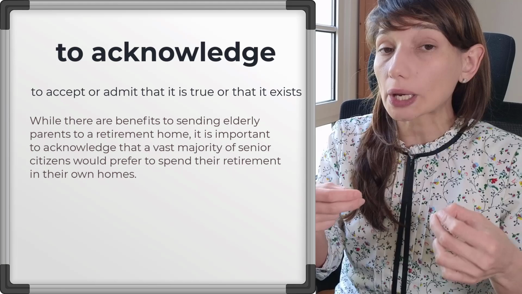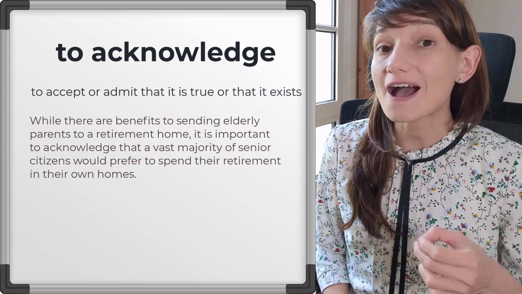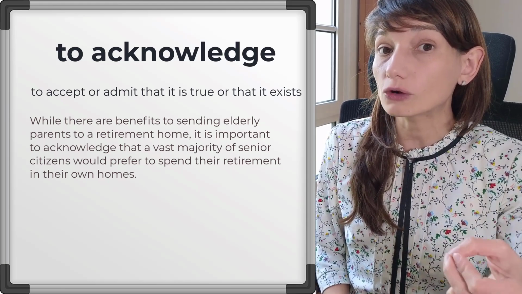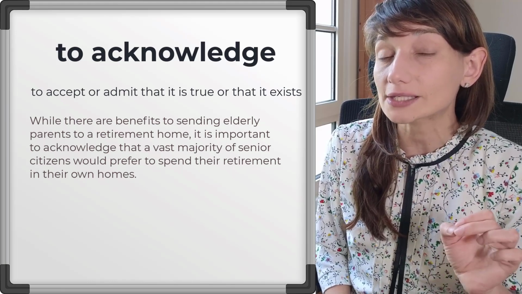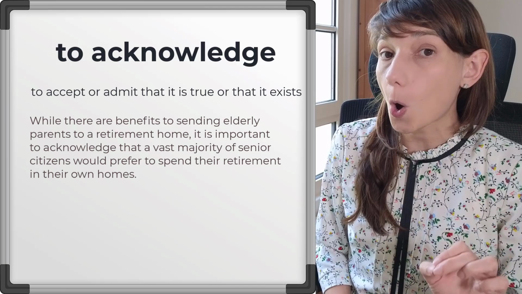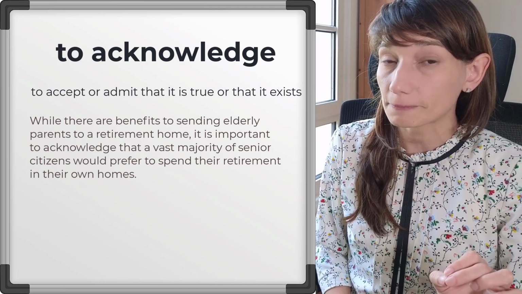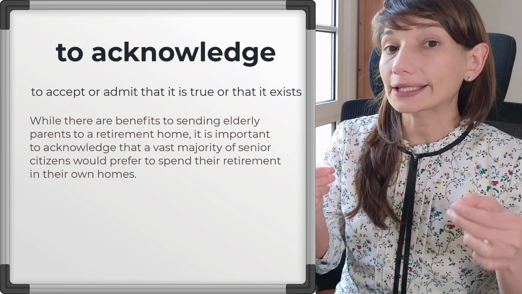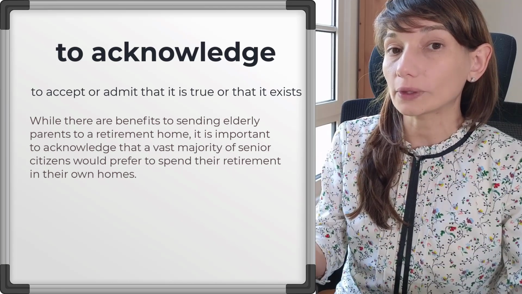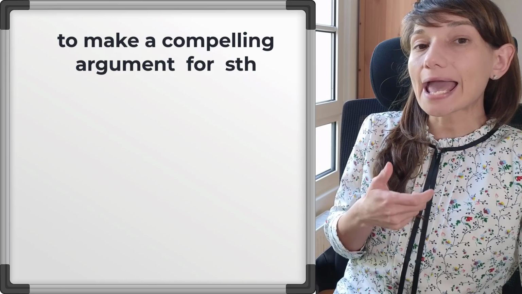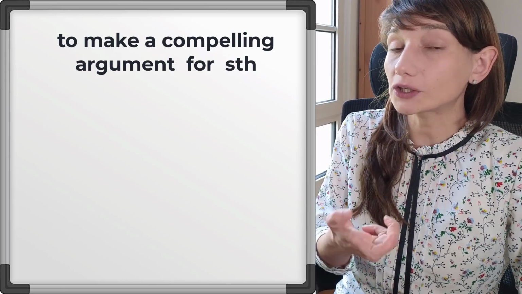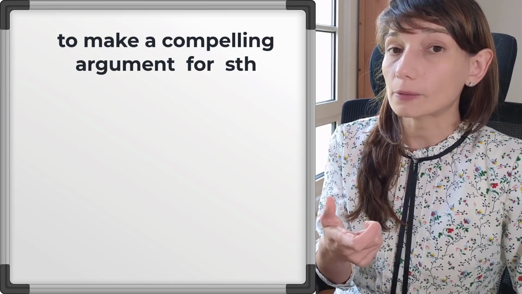It is important to acknowledge that a vast majority of senior citizens would prefer to spend their retirement in their own homes. So, to acknowledge. You can also say to make a compelling argument for.